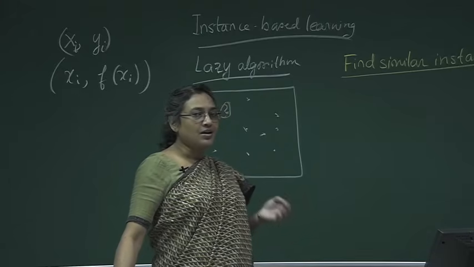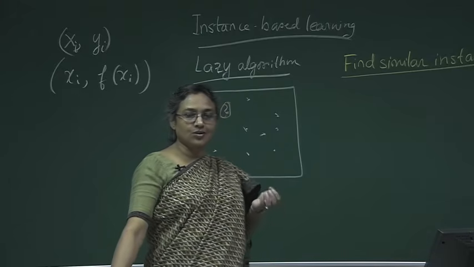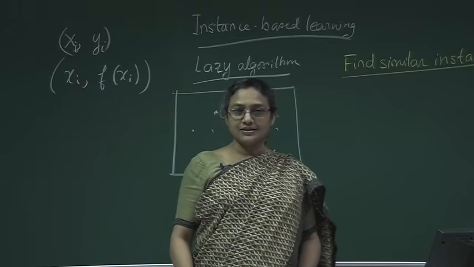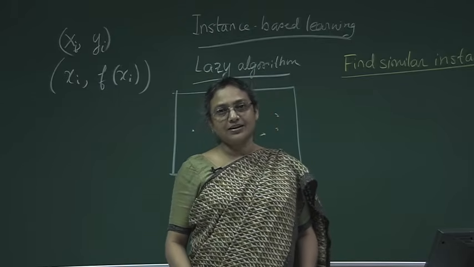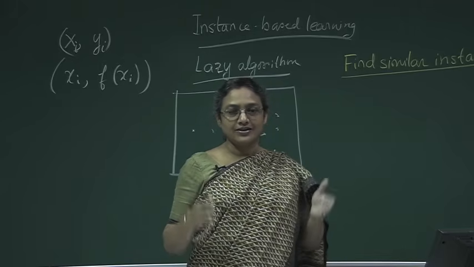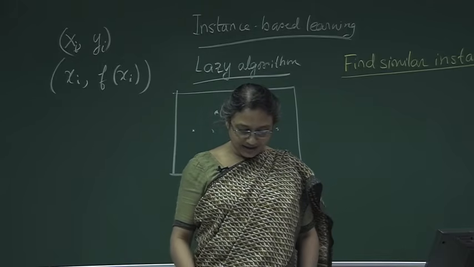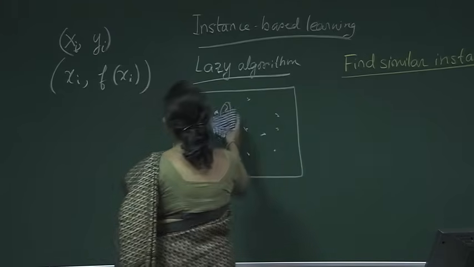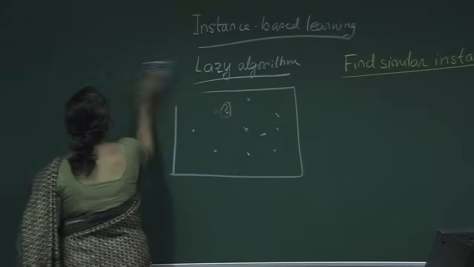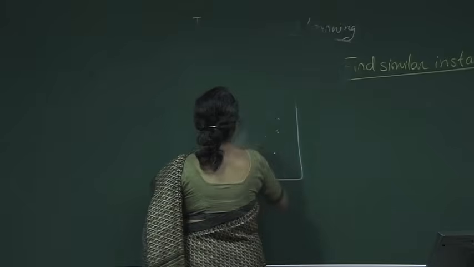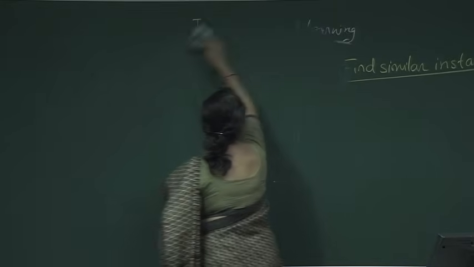Now, how to find this similarity, or what is the distance function or the metric that we consider for similarity? We can use a standard metric like Euclidean distance, or other metrics like cosine and others, depending on the type of data that you are looking for. So, the basic algorithm that I am going to describe is called the k nearest neighbor algorithm. And let us outline that algorithm.